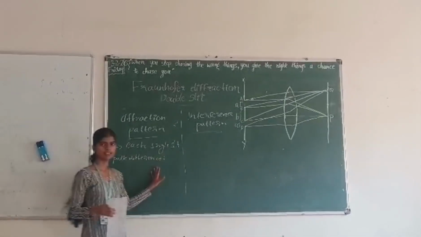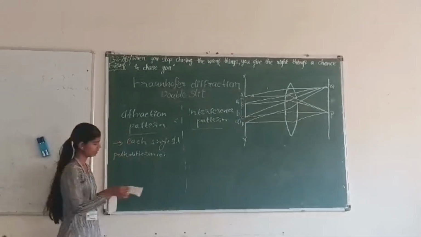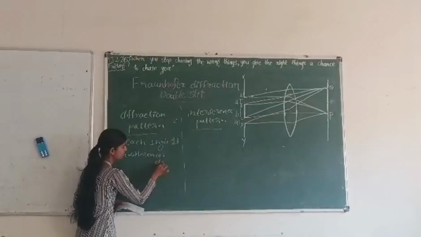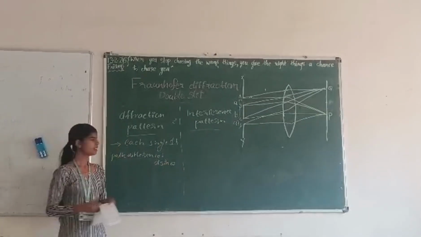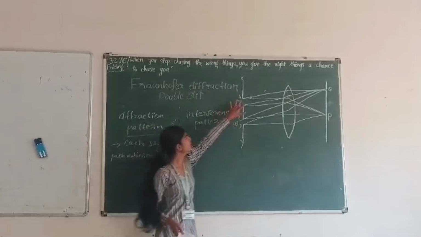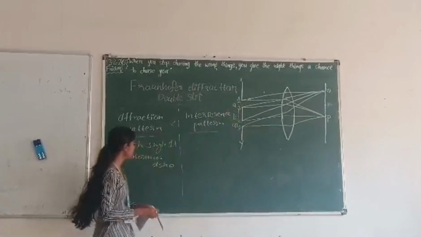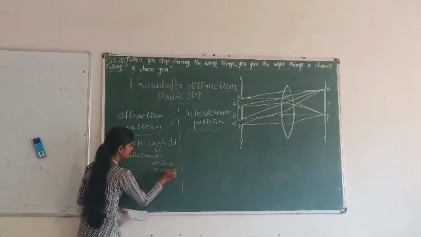So we know what the path difference is, studied yesterday. That is d sin theta. Here d is the width of the slit. Here the width of the slit is a, so we can rewrite it as a sin theta.